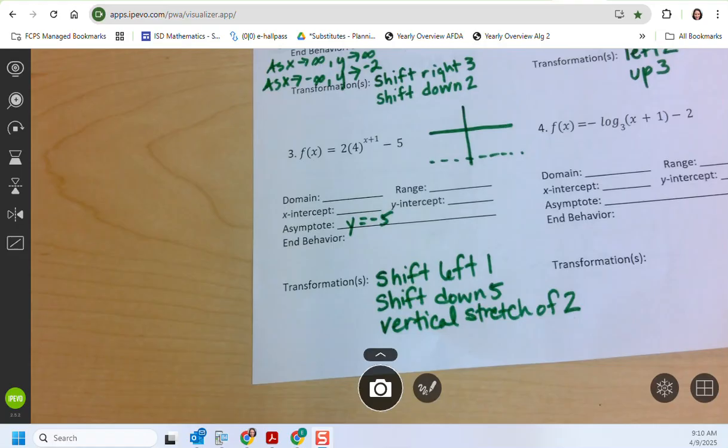And now I'd like to look at the shape of the graph on the calculator. So press your y equals and enter your equation. Let's look at the shape.